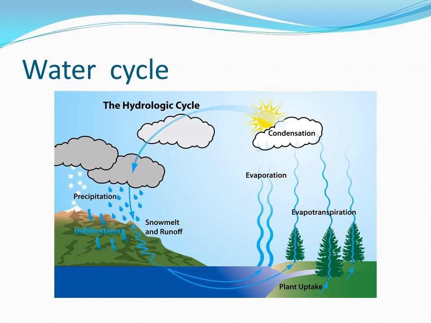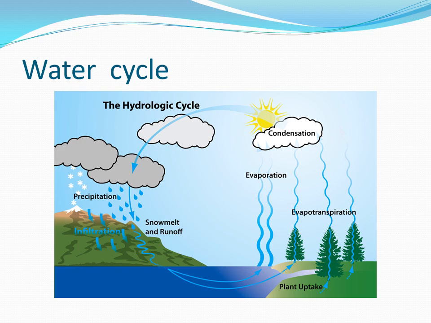There the water vapor is slowly converted into tiny droplets of water and they form little clouds. When the clouds are fully covered with many droplets of water, what will happen? When the droplets are too heavy, they will fall in the form of rain.